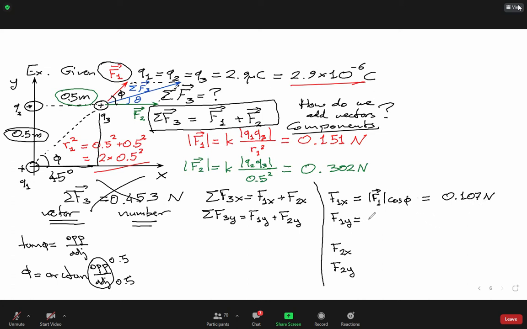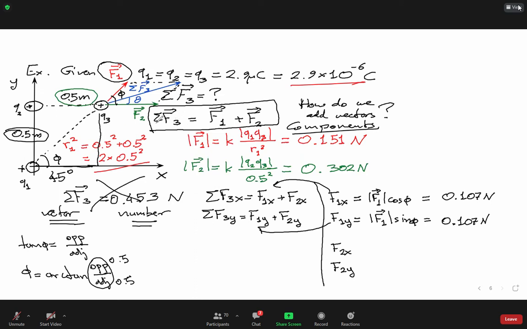What's the y component? The magnitude times the sine of phi. Of course, for 45 degrees, sine and cosine are the same. So this will also be 0.107 newtons. This will go here, that will go there, right?